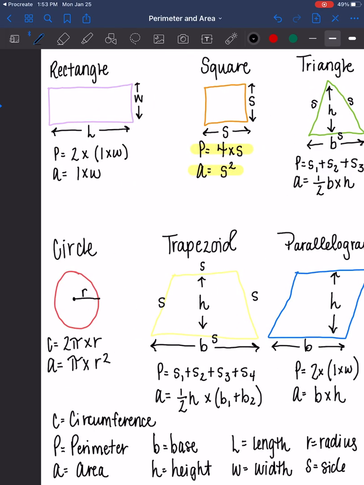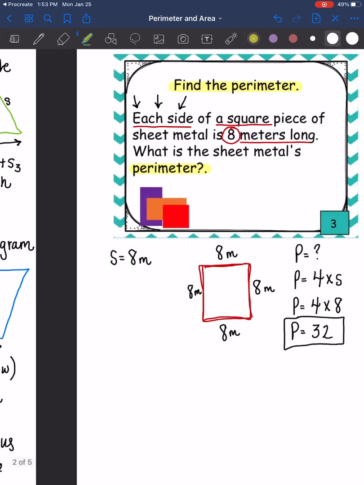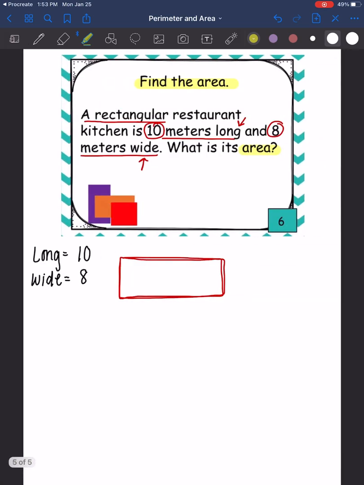So I'm going to go back and find our area equation for the rectangle, which is A equals length times width. I'm going to make a note of the fact that long stands for length and wide stands for width. I'm going to write it here on our rectangle so I can see it a little bit better.